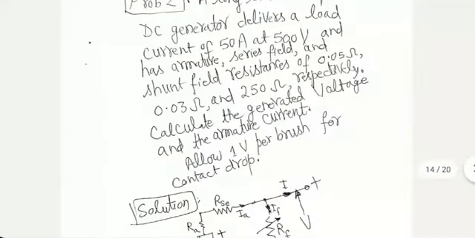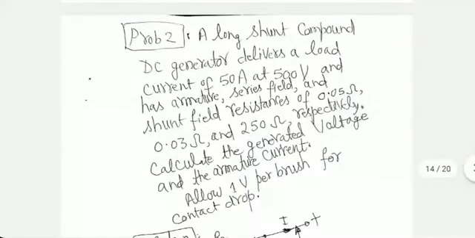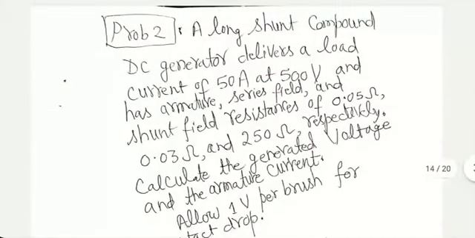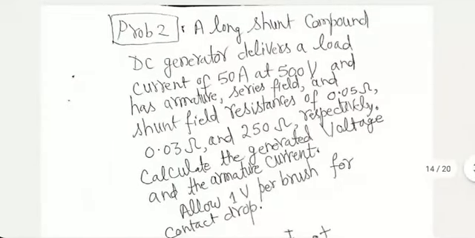This is the compound wound case, which means part of the field winding is in series with the armature and part of the field winding is in parallel with the armature. There's a reason why this is called long shunt compound generator. First, you look at the statement.